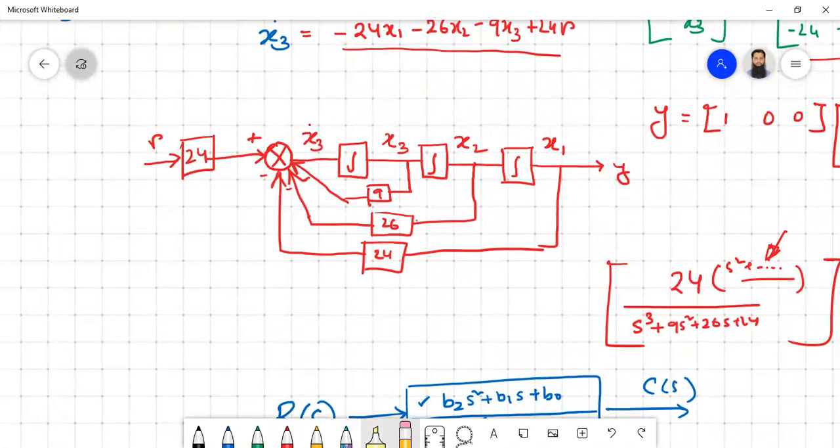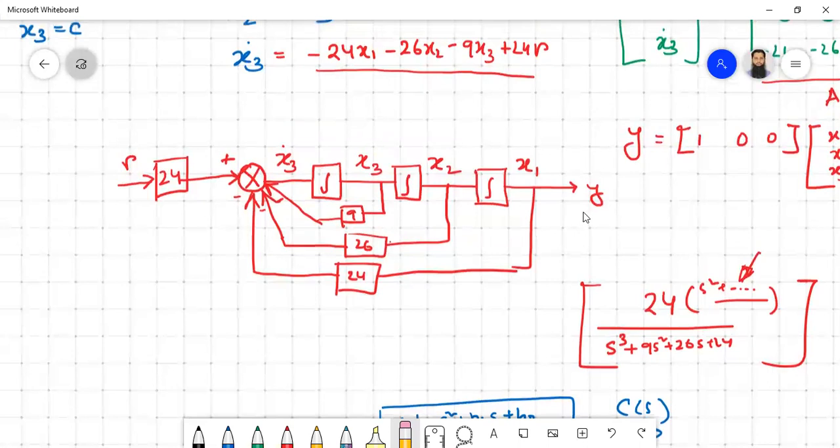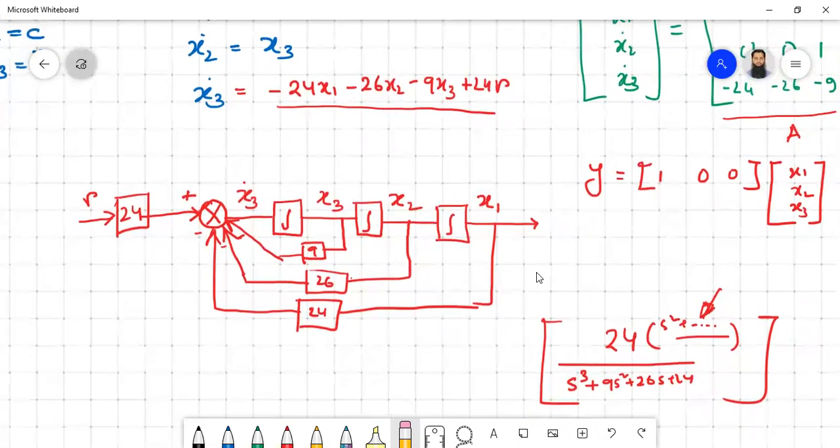Okay, let us try to edit this one. What we'll have is 2 into x1, so we can have a block here, 2, going to a summing junction. All are additive.